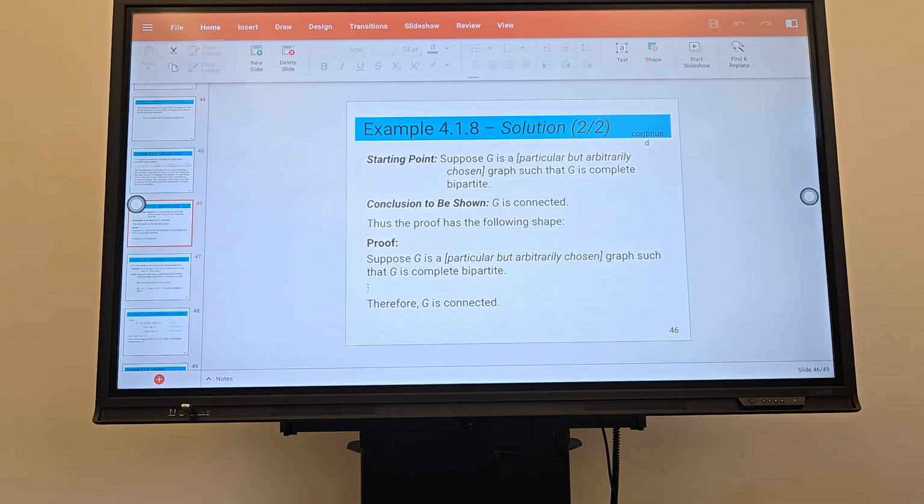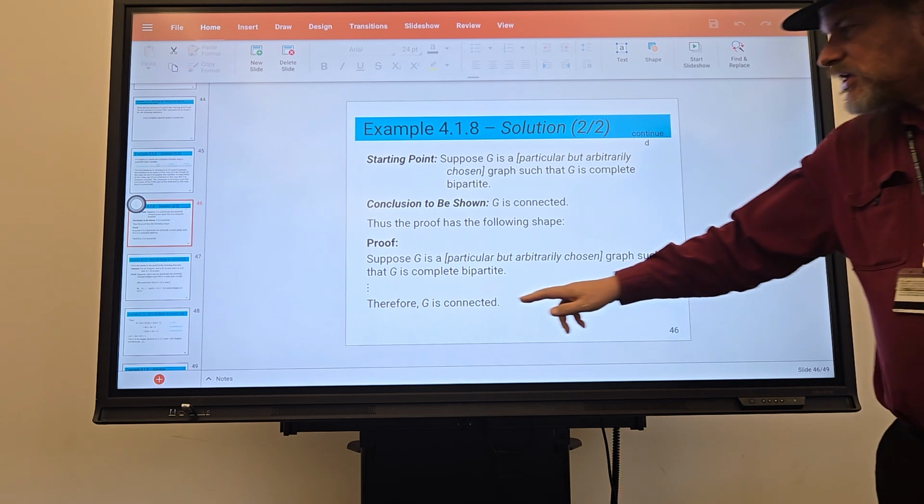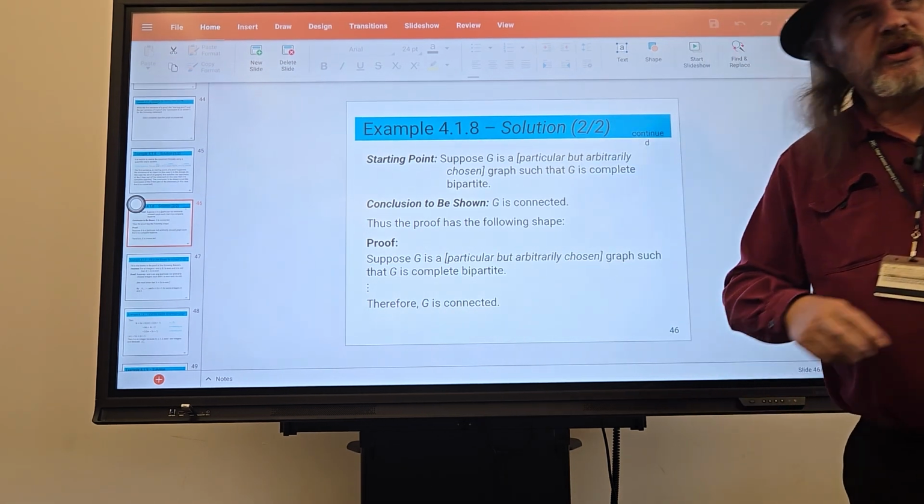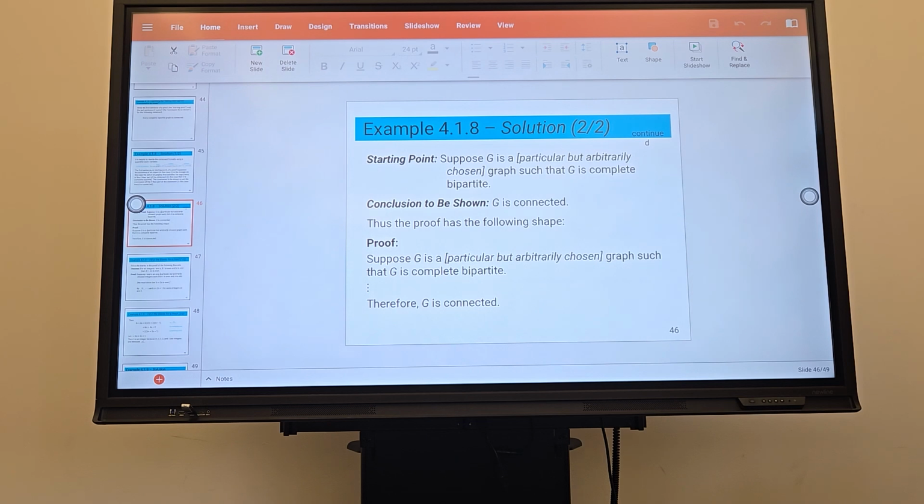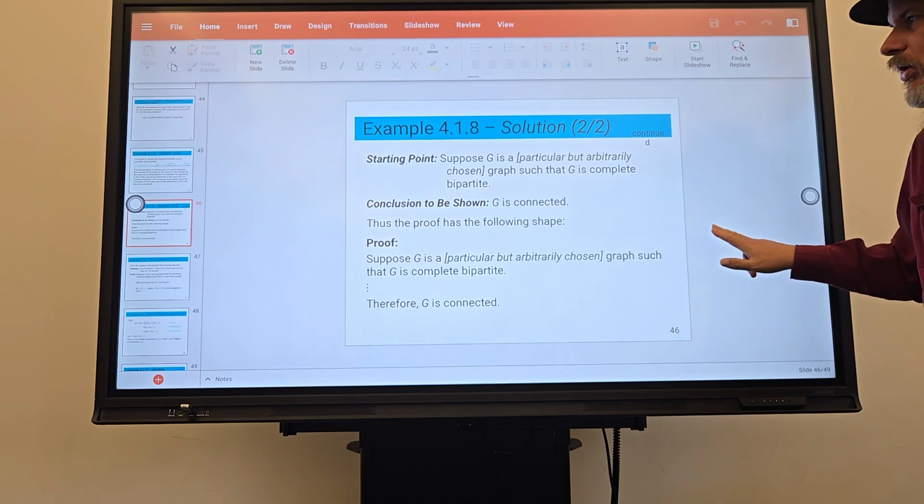You can kind of meet in the middle: start from what you have, go down, and work up from what you want to prove, and try to meet in the middle, if they meet at all, to prove it. So like here, G is connected. What does it mean to be connected? What's the definition of a connected graph? Work backward from the conclusion that you want to prove.